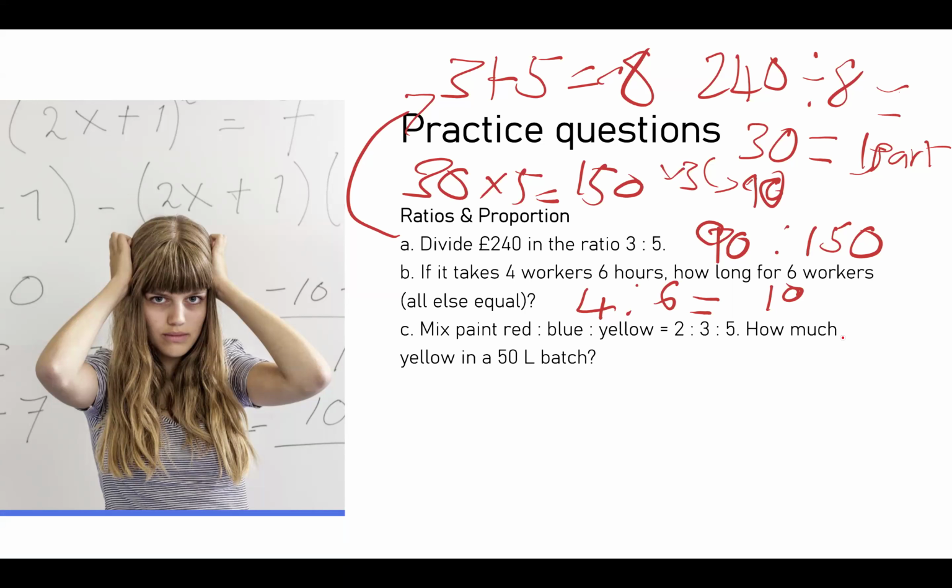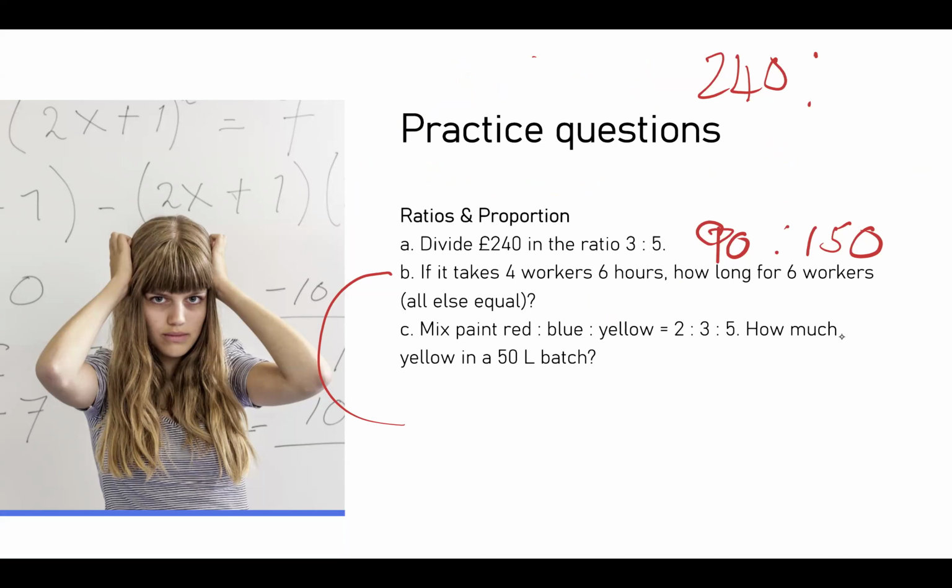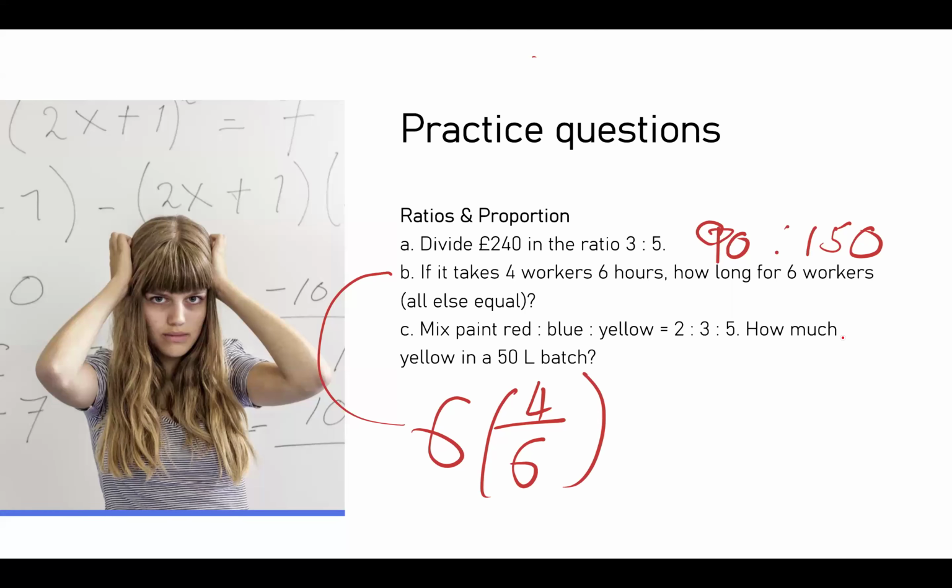So all we would do here is, 4 workers, 6 hours. Remember the time is 6 and the original workers is 4, the new workers is 6. How long would it take 6 workers? So to simplify this we can do 6.